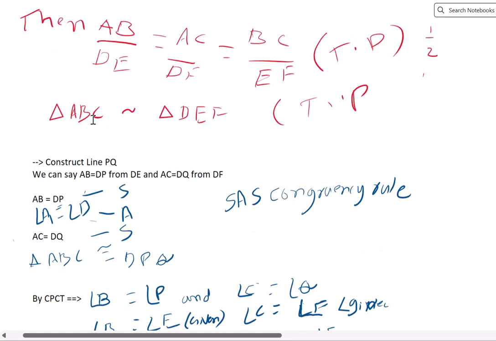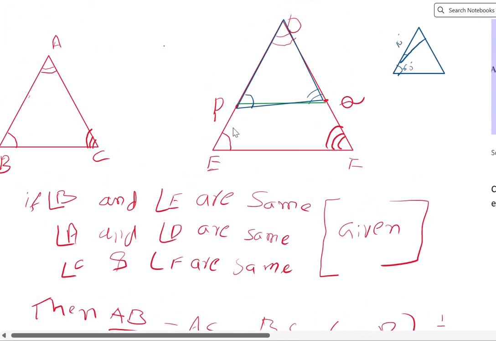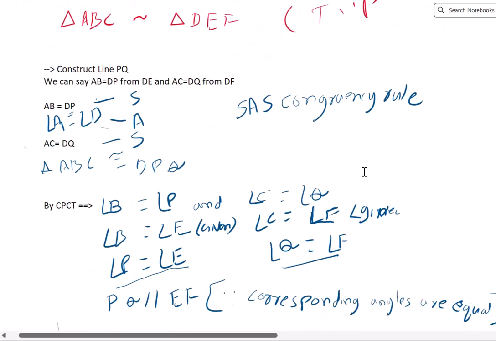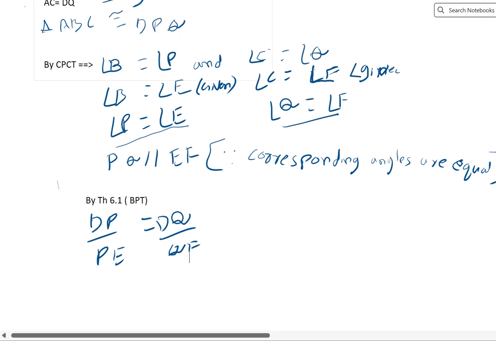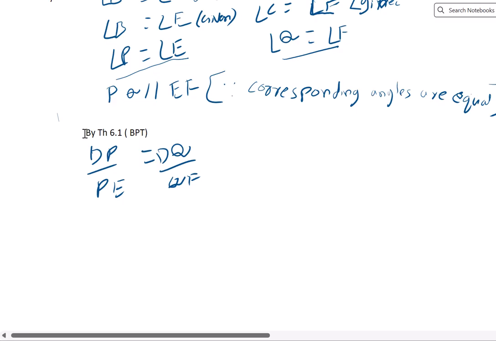That means the proportion of DP and PE is equal to the proportion of DQ and QF. That's what by BPT we are writing. In the next step, we have to write these as reciprocals.